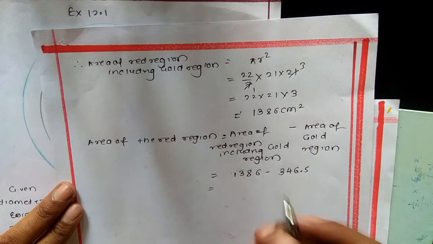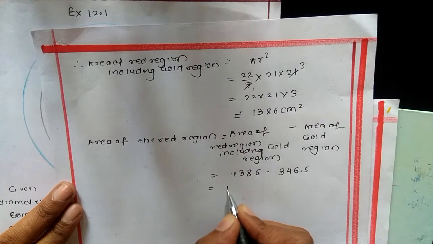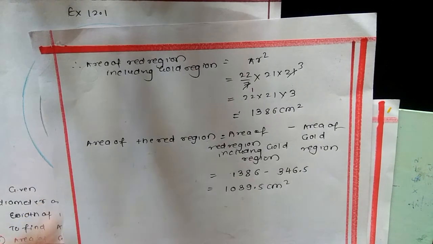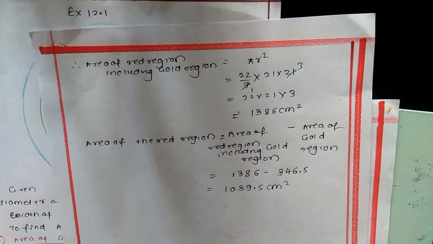If we subtract, we get the area of the red region, that is 1039.5 centimeter square. So this is the area of the red region.